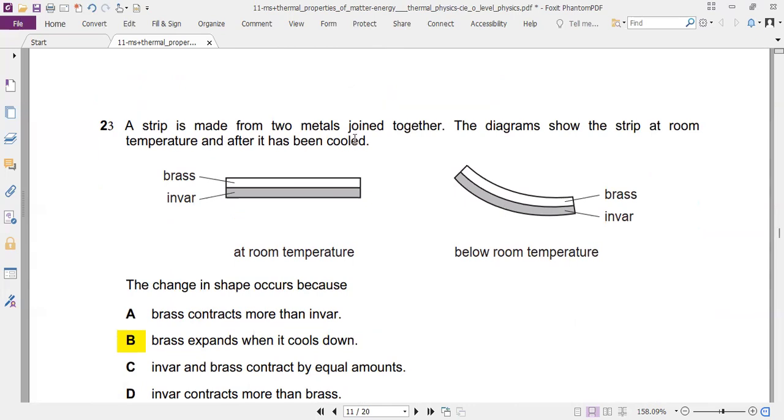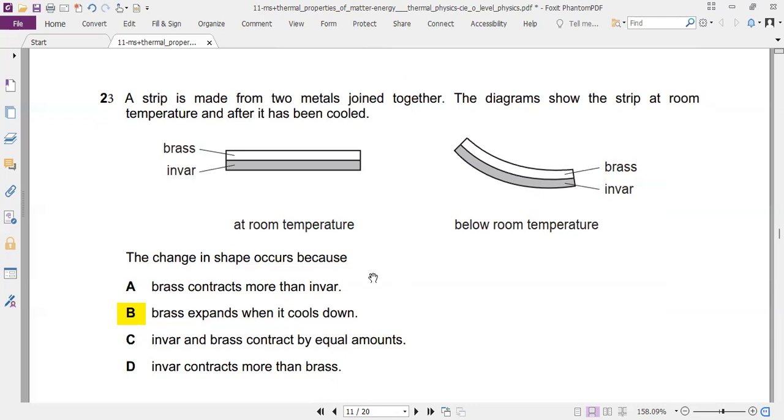strip is made from two metals. Diagram shows the strip at room temperature after it's been cooled. So that means that the brass has expanded. The INVAR has remained in place.